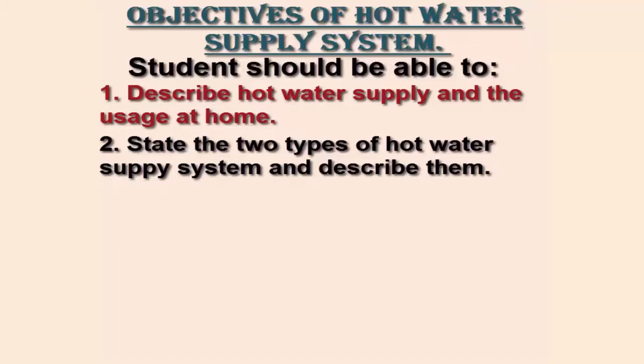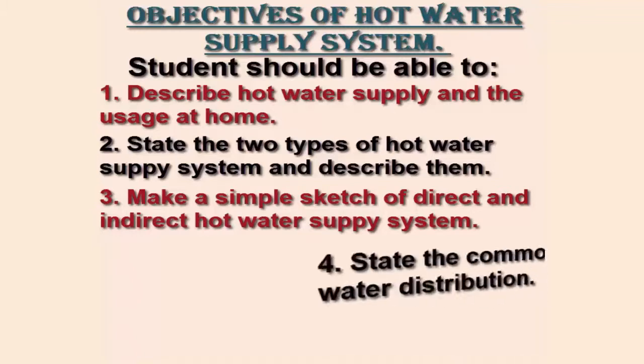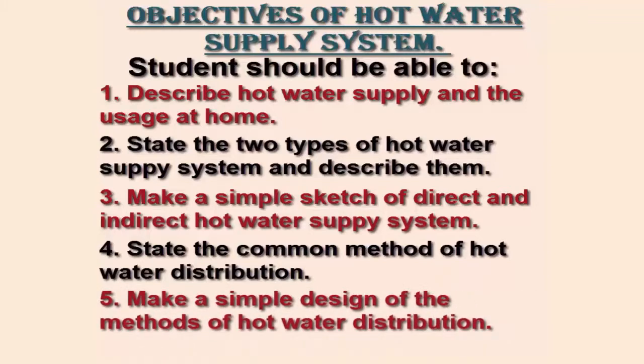The students should be able to make a simple sketch of direct hot water supply and indirect hot water supply. The students should also be able to state the common methods of hot water distribution. And lastly, they should be able to make a simple design of those methods of hot water distribution.